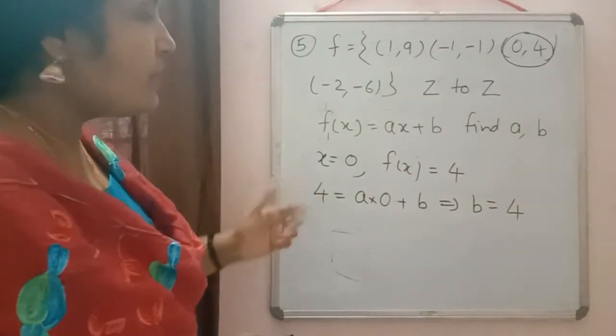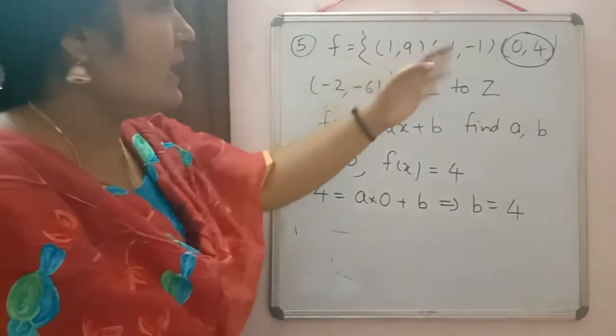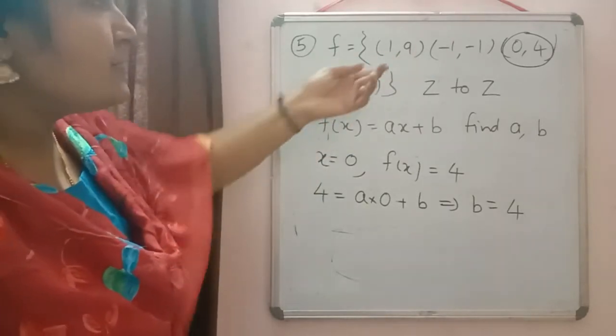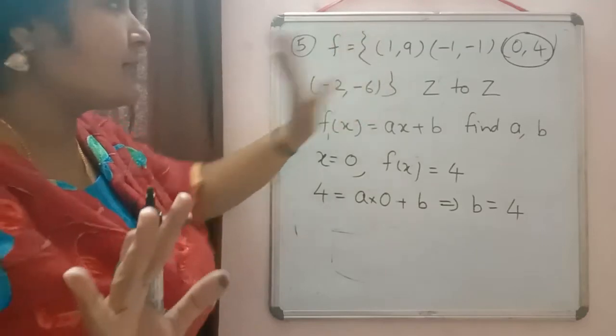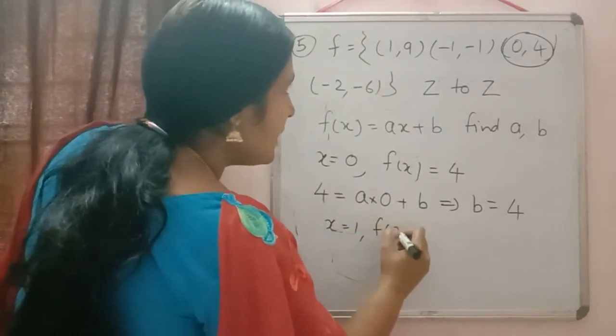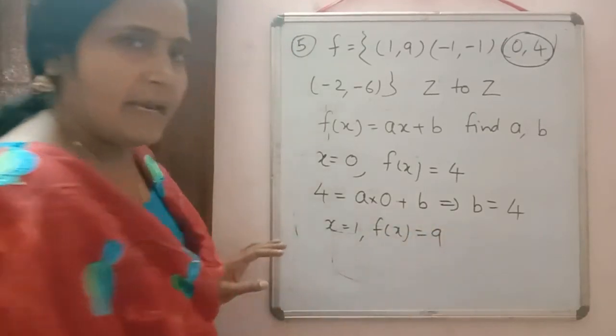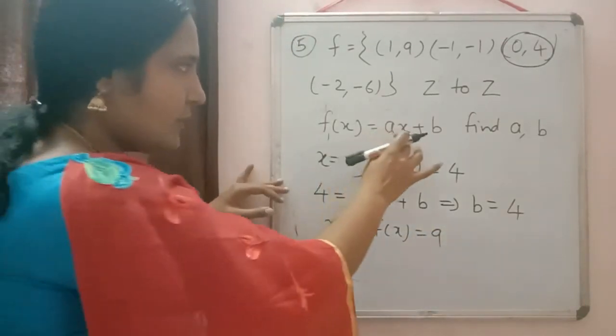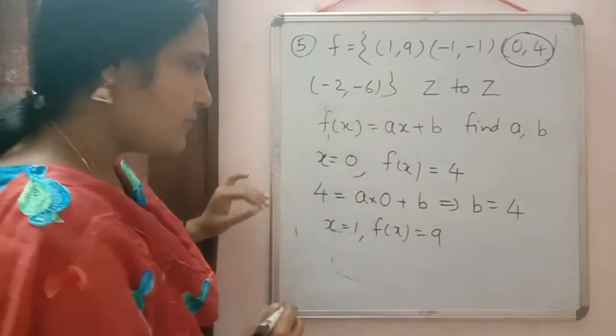Now we want the value of a also. So any value you can take. So I think this one we can take, so no negative numbers are there. Okay. So according to that, if x is equal to 1, f(x) is equal to 9. Now substitute x is equal to 1 and f(x) is equal to 9.